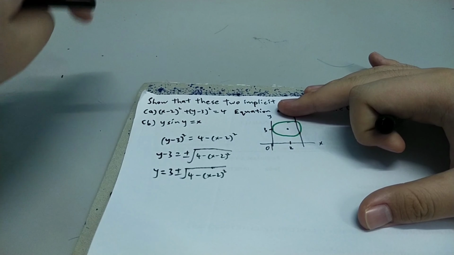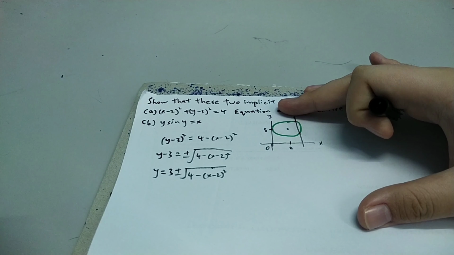So when we plug in one value of x, we will get two values of y. That is exactly what we call a one-to-many relation, which means that this implicit function has a one-to-many relation.